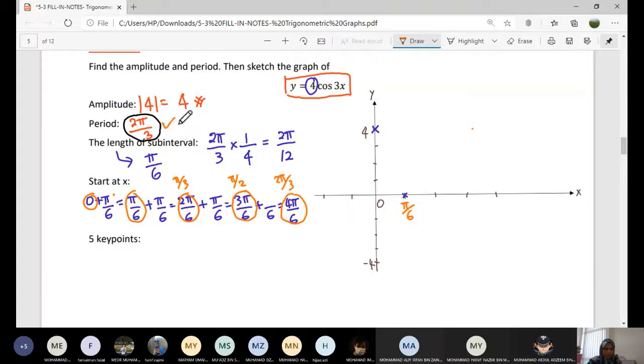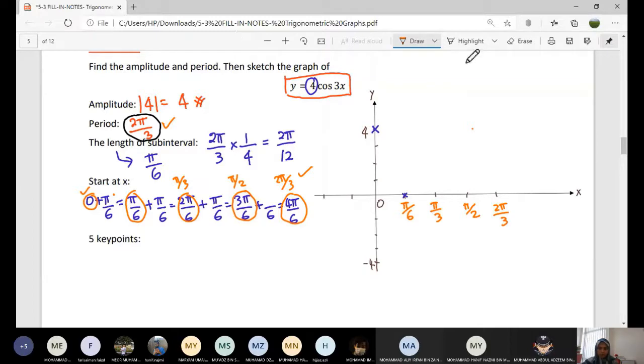We start at 0 and it will end at 2 pi over 3. Then we put in the scale: 0, pi over 6, pi over 3, next pi over 2, next 2 pi over 3. We draw over one period.